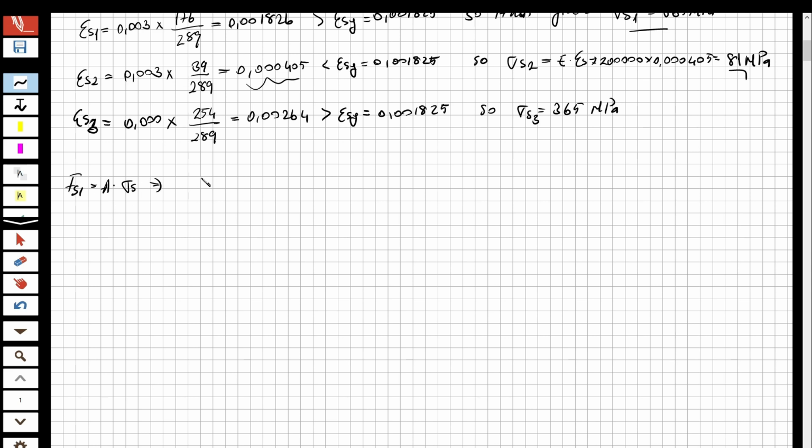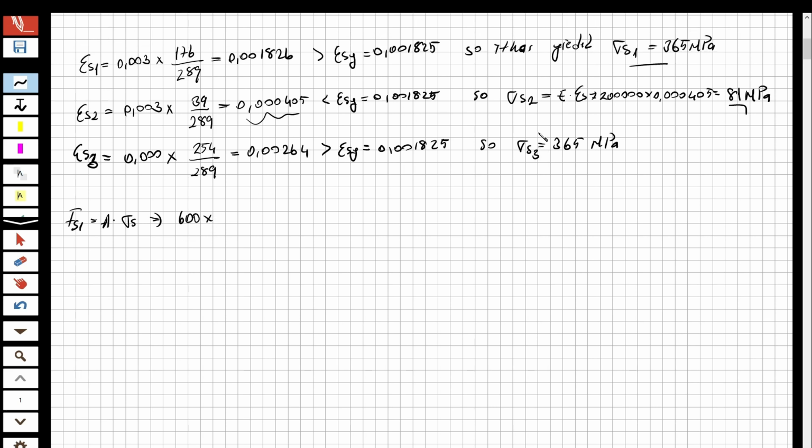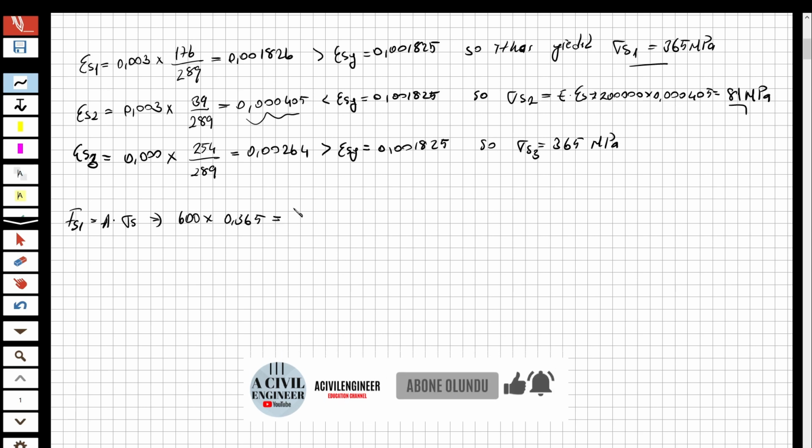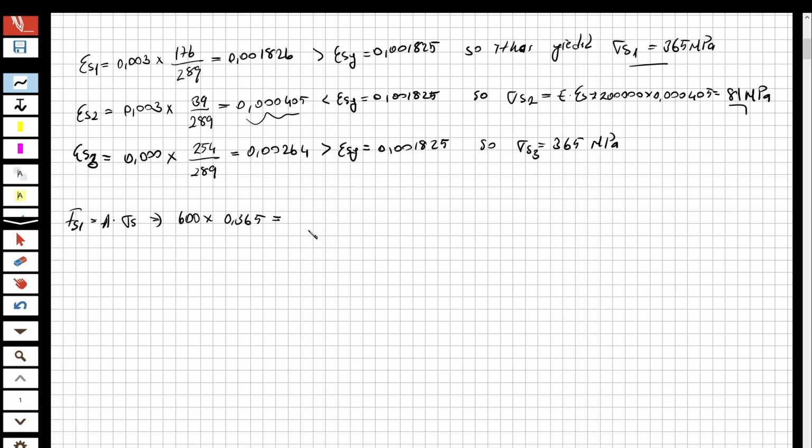At FS1 it is 600, right? 600 millimeters squared multiplied by the value of the stress at the first steel, which is 265, so it's going to be 0.365. I'm going to divide by 1,000 to get kilonewton. Okay, so now this is going to be equal to minus 219 kilonewton.